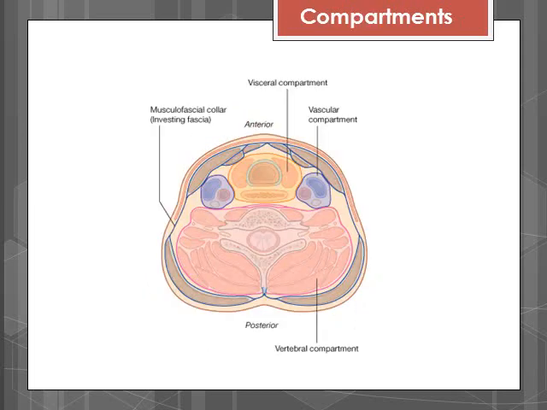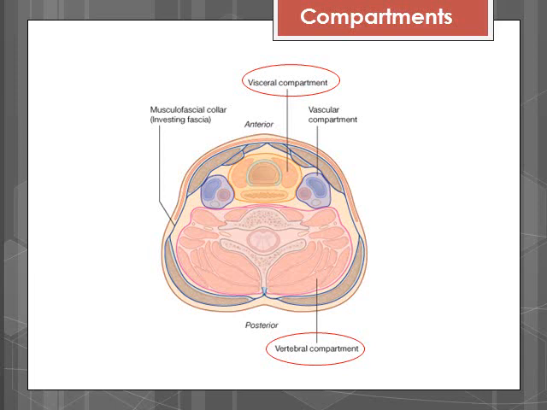The neck has 4 major compartments, which are enclosed by an outer musculofascial collar. The vertebral compartment contains the cervical vertebrae and associated postural muscles. The visceral compartment contains important glands, which are the thyroid, parathyroid, and thymus.